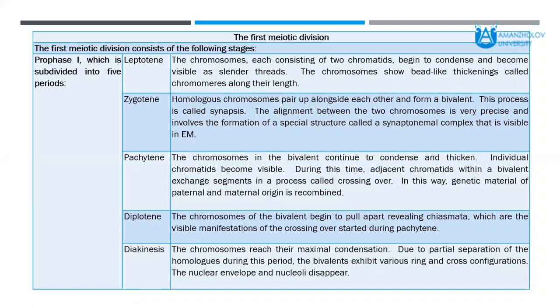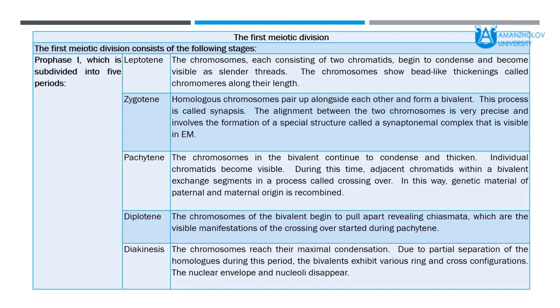The chromosomes show bead-like thickenings, called chromomeres, along their length. Homologous chromosomes pair up alongside each other and form a bivalent in zygotene. This process is called synapsis.